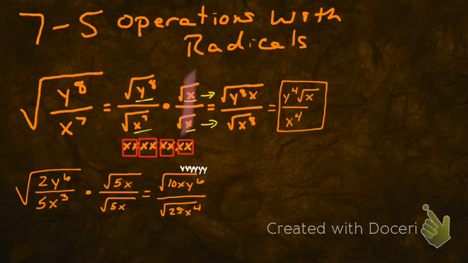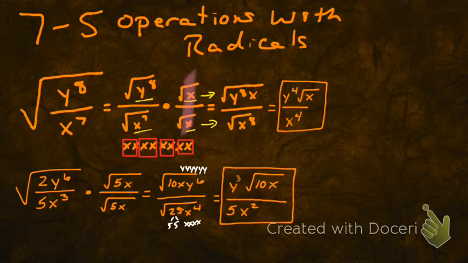The 2 has no pairs, and x obviously has no pairs. So the y to the 6th would come out front and become a y to the 3rd. Are you seeing that? And then the bottom, you'd have a pair of 5s and 2 pairs of x's, so you wouldn't take anything out.